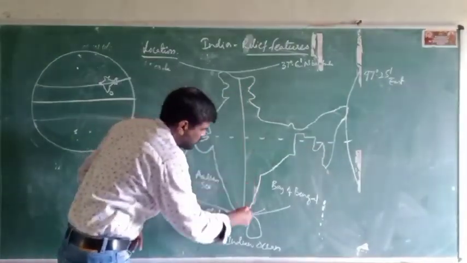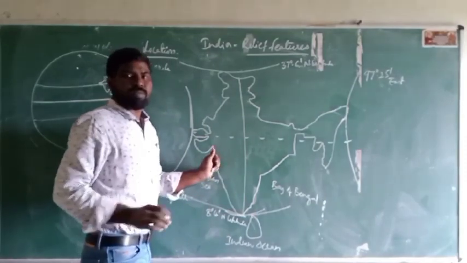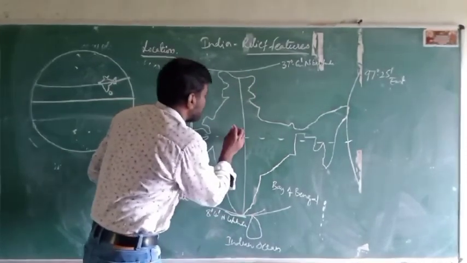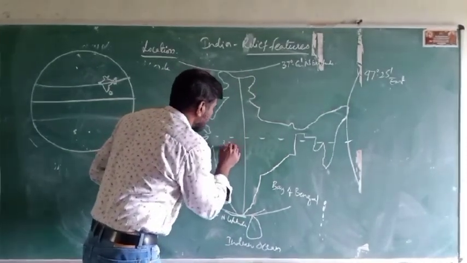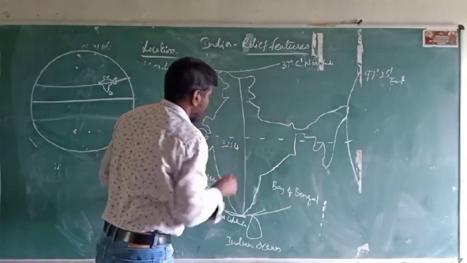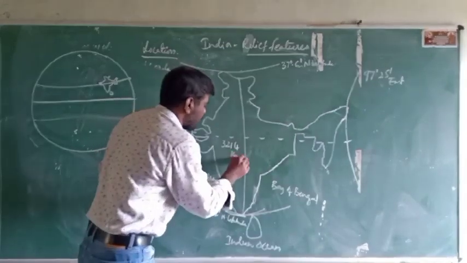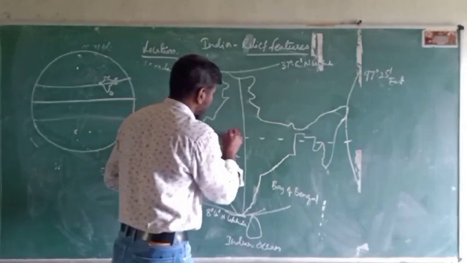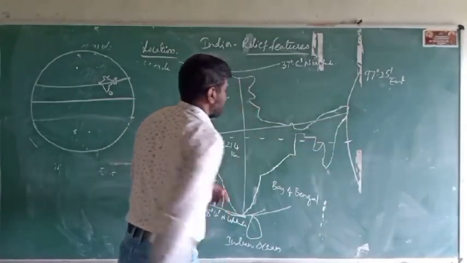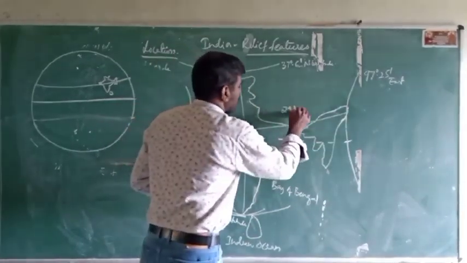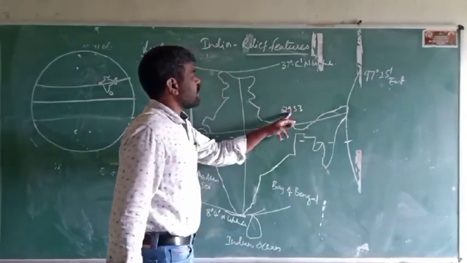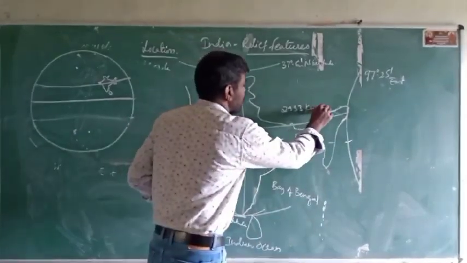From north to south, the distance is 3,204 kilometers. From west to east, it is 2,933 kilometers.